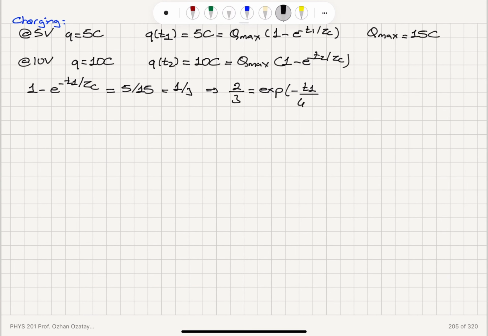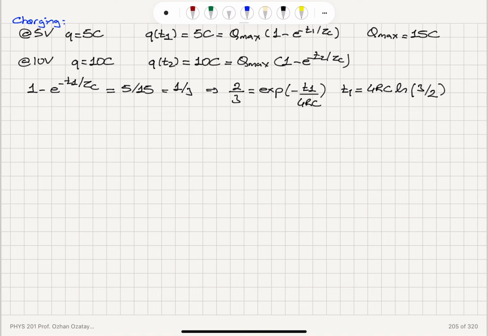So t1 over 4RC. That tells me that time t1 is 4RC natural logarithm 3 divided by 2. It's natural logarithm 2 divided by 3, but there's a minus sign, so it becomes natural logarithm 3 divided by 2.